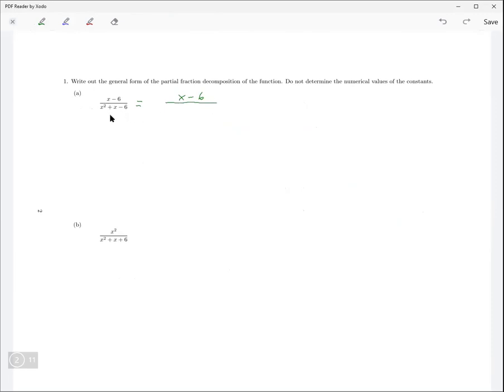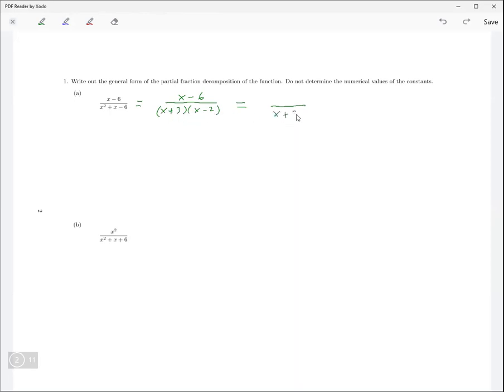What you need to do, the first thing, is to factor the denominator. Here it factors into x plus 3 times x minus 2. Now the degree of the numerator is smaller than the degree of the denominator. So to go backwards, you ask what denominators would give me this as the common denominator.